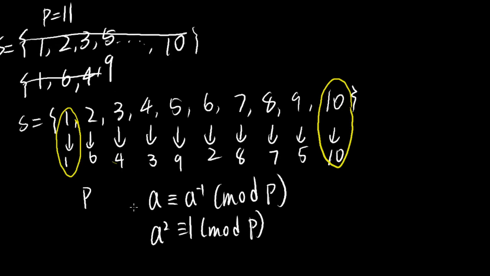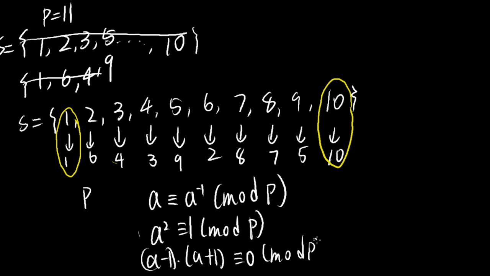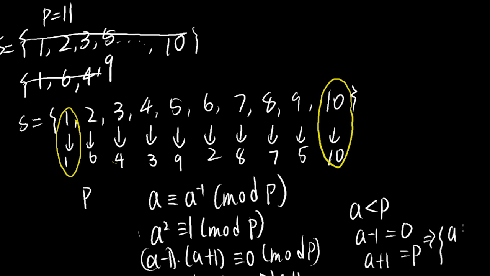And this means that (A minus 1) times (A plus 1) is congruent to 0, which means that either P divides A minus 1 or P divides A plus 1. And we know that A is smaller than P, so either A minus 1 is 0 or A plus 1 is P. So we get A can only be 1 or P minus 1.